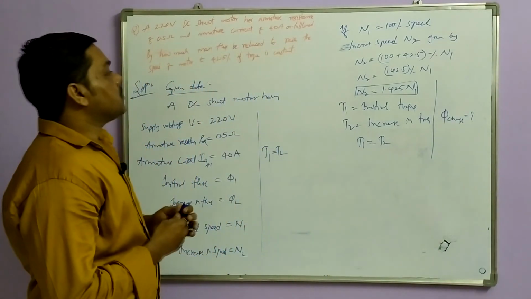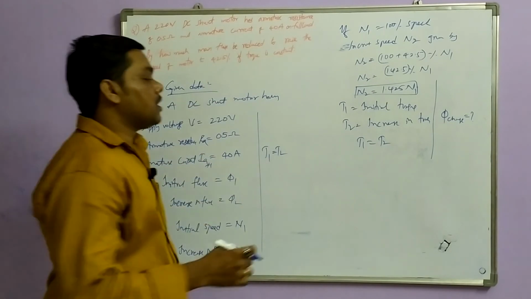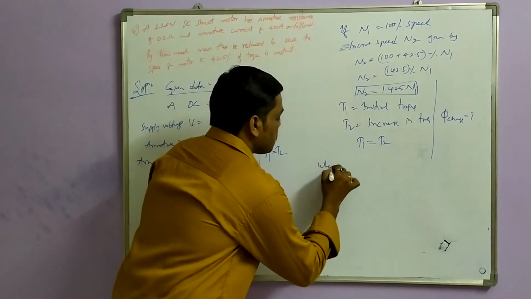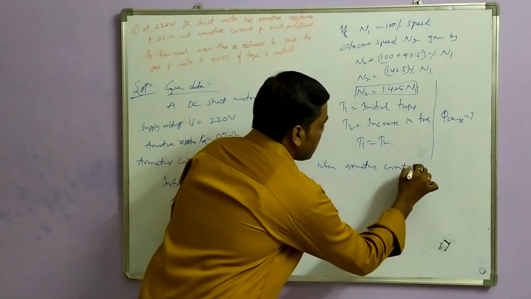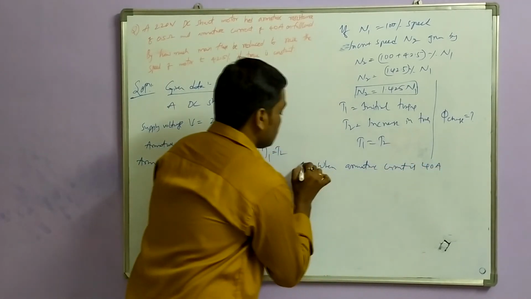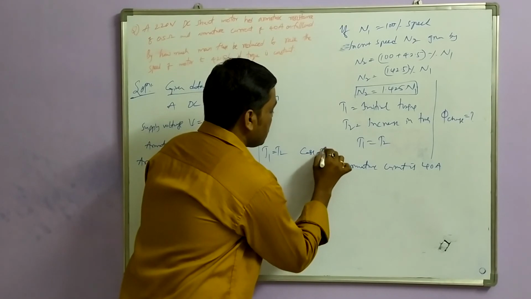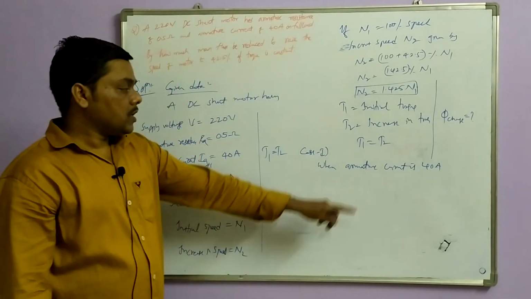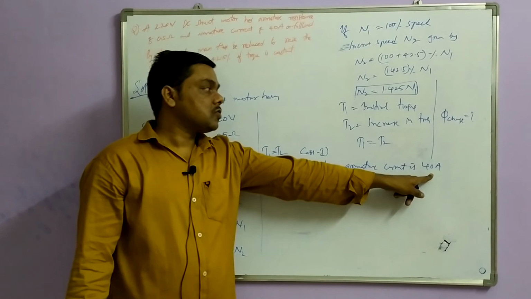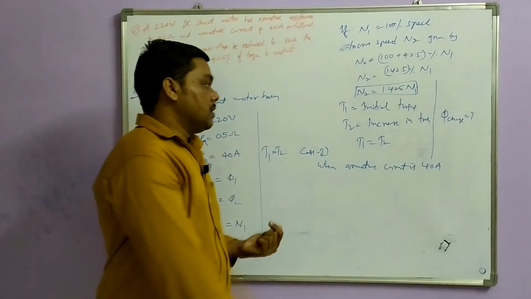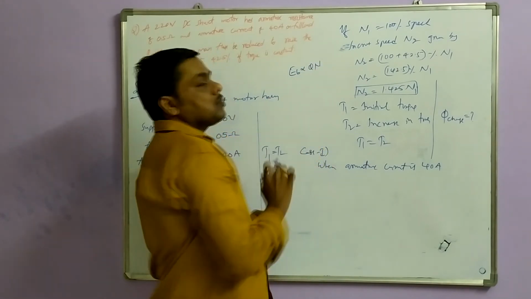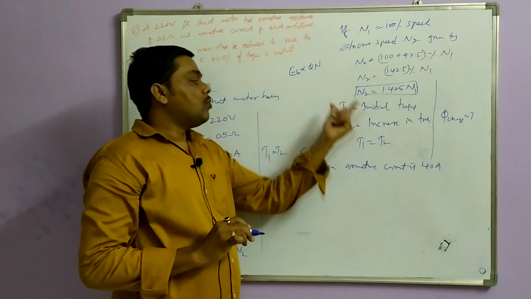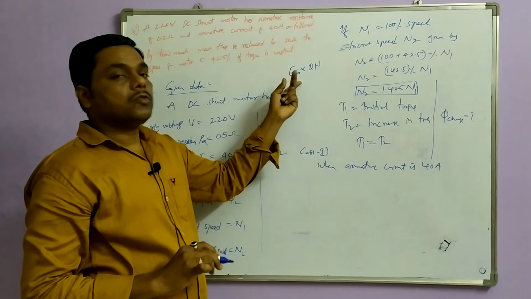Now see the first case, when the armature current is 40 amperes. Let us say this is case 1. Now why am I considering armature current as different? We already discussed that Eb is proportional to flux into speed. So flux and speed both change, so Eb also changes.